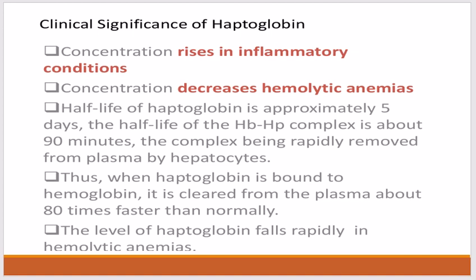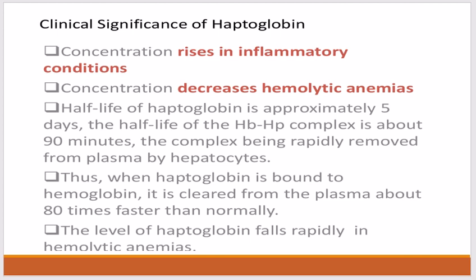The clinical significance of haptoglobin: its concentration rises in inflammatory conditions and decreases in hemolytic anemias. The half life of haptoglobin is approximately 5 days, and the half life of the hemoglobin-haptoglobin complex is about 90 minutes, the complex being rapidly removed from the plasma by the hepatocytes.